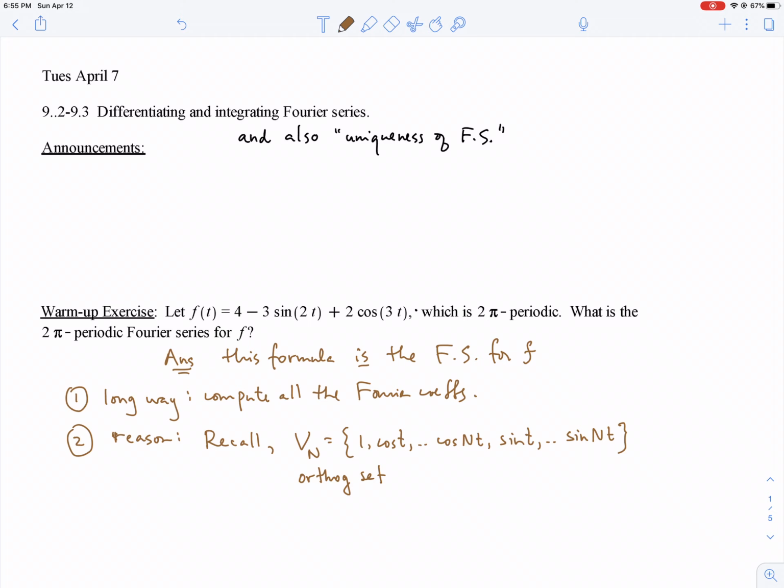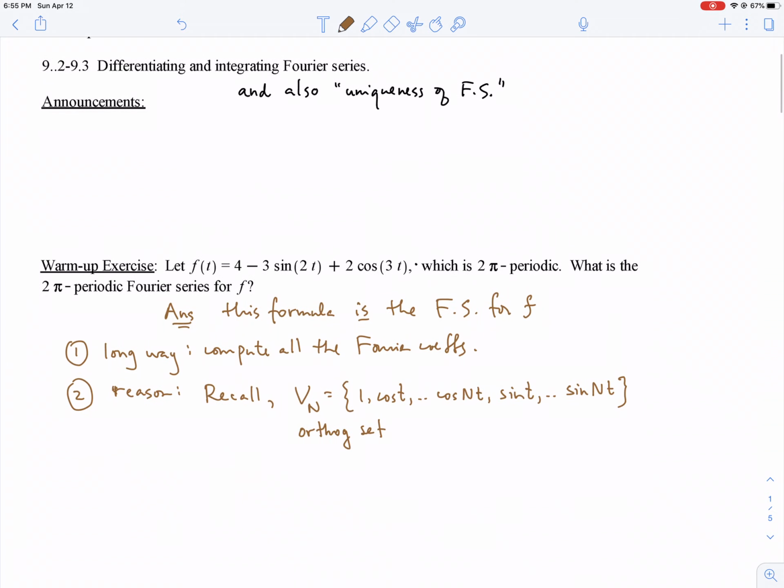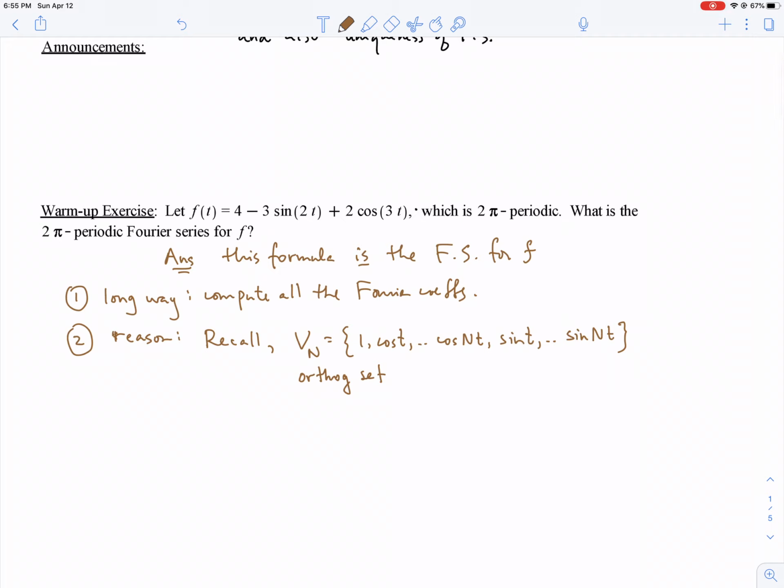So those functions were automatically a basis for V capital N, and we had the projection formula, and we checked that the projection of any f onto V capital N gave us, why don't we call it capital Fn, which is the truncated Fourier series, where we add up the terms to cosine nt and sine nt.